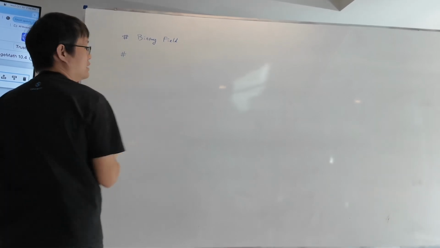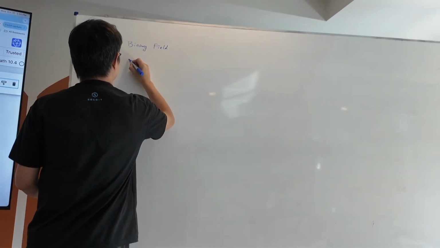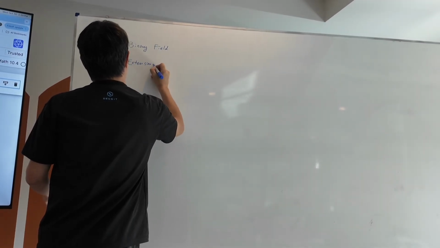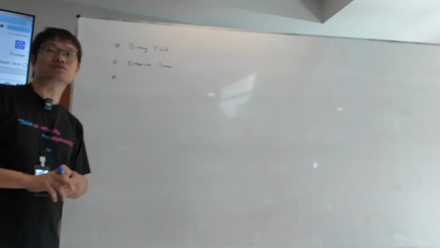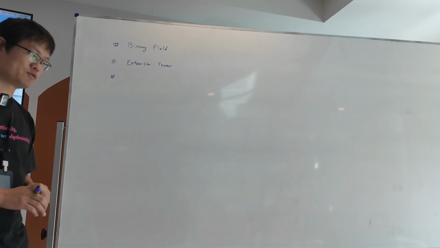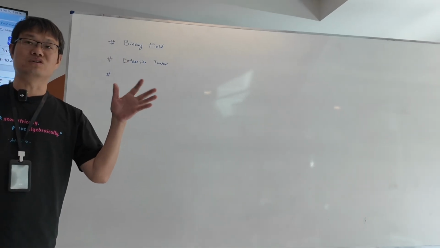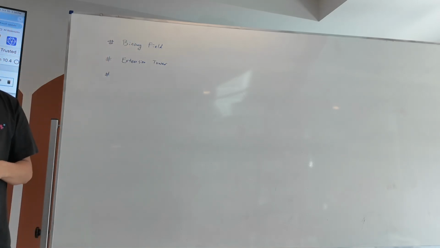and then why we need the recursive extension tower. Then we introduce the tensor algebra introduced by Binius, so we can easily embed multiple small field values into one big field.